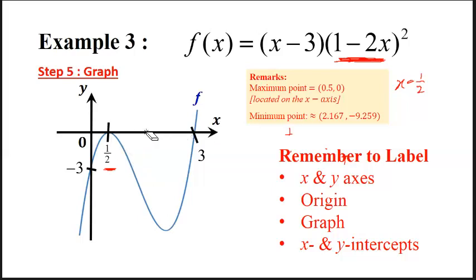However, once again, the calculations using differentiation are not introduced yet until chapter 9. That's why I just leave the graph in this form. So after we have gone through chapter 9, differentiation, maybe we can complete the labelling of the maximum and minimum point. So therefore, this is the answer for example 3 in sketching cubic functions.